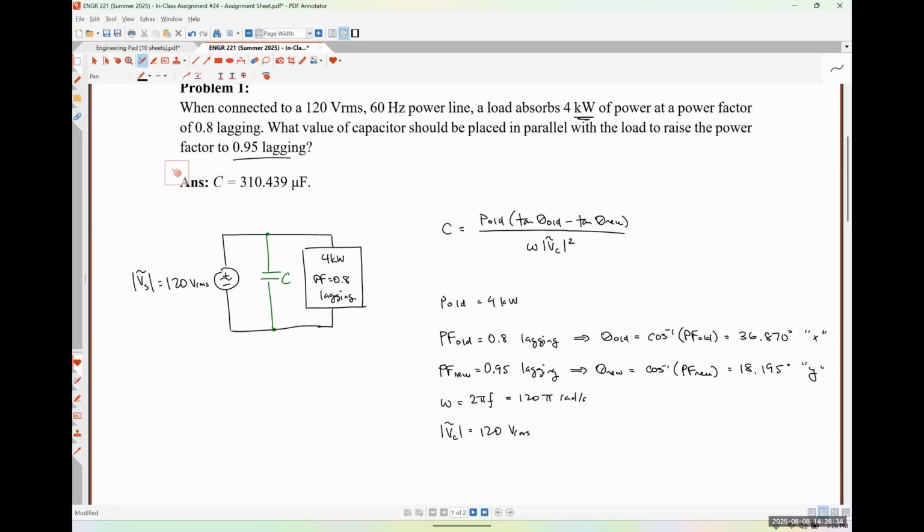And I can type it into my calculator if you guys want, but I'm 99.9% sure it's going to just spit out this answer right here, or actually 0.000310439 because I always put everything in my calculator in base units. Okay.